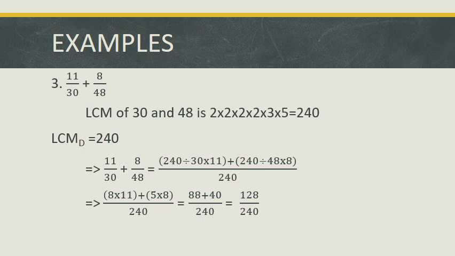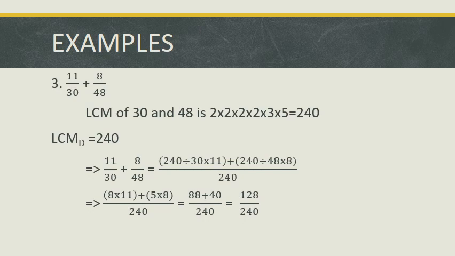Plus, in the second bracket, what is written? 240 divided by 48 multiplied by 8. So first you will do the division. That is, first you will divide 240 by 48, and what will you get? You will get 5. So then 5 multiplied by 8.